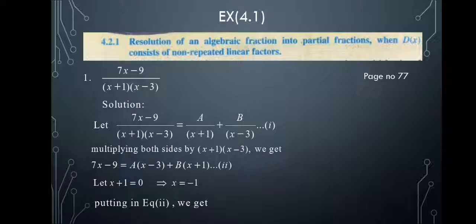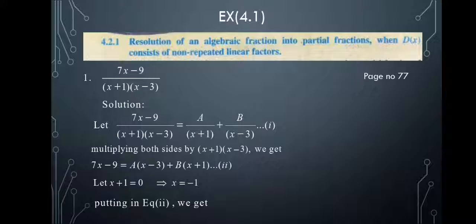Now since the denominators contain linear factors, we can apply the zeros method over it. What is the zeros method? First we take the first denominator, x plus 1, and set it equal to 0. We get the value of x as minus 1.